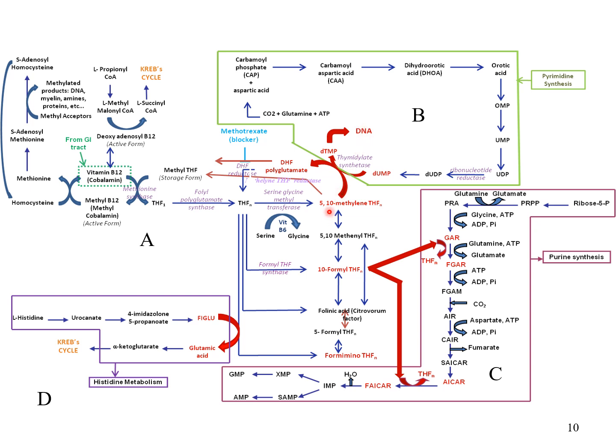This is the role of 5,10-methylene tetrahydrofolate polyglutamate, which is essential for this conversion. Okay, so we're going to focus on A and B. Remember that folic acid is also involved in purine metabolism and histidine metabolism, but we're not going to dwell on this during this lecture.